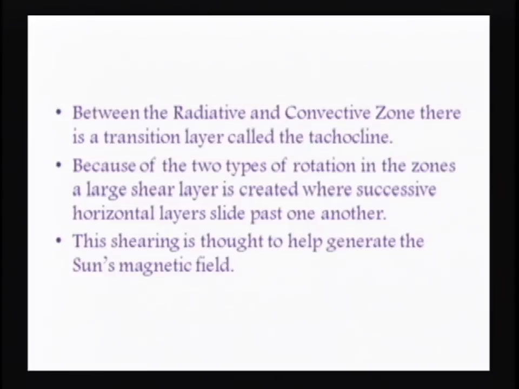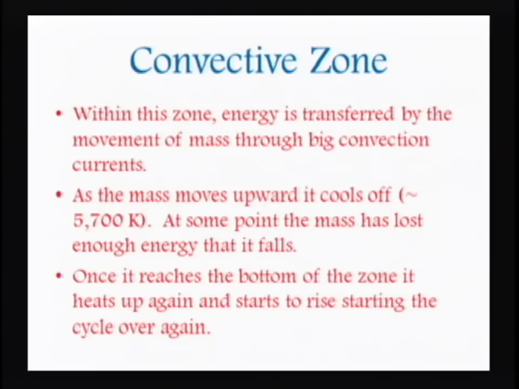Now remember, these are gases. You're going to get a lot of friction built up. These gases have lost their electrons, so they're in the form of ions and particles. And we think that that shearing effect between those two zones is helping to produce the sun's extremely large magnetic field.